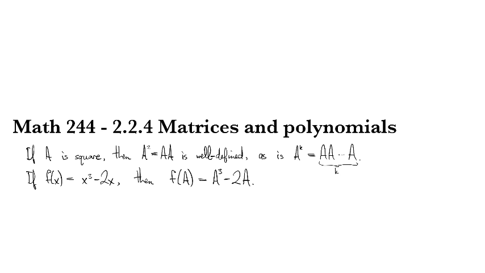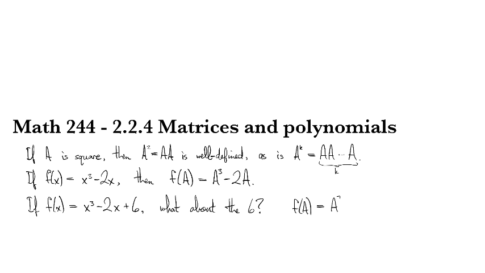So then there's a question though. What if I had a different polynomial? What if I changed it so that it was x cubed minus 2x plus 6? Well, let's see. Now, if you tell me that f of A should be A cubed minus 2A plus 6, that's terrible.